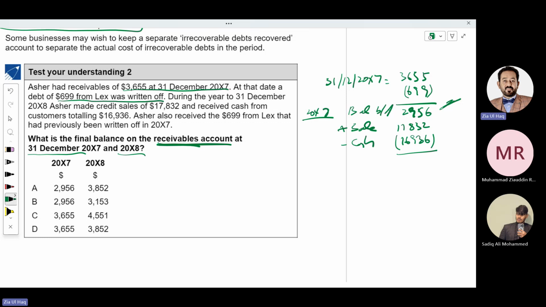So that will be 3852. This is balance carried down for 20x8. This is carried down 20x7 or brought down for 20x8. Can you understand this?